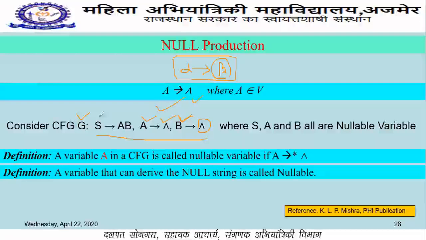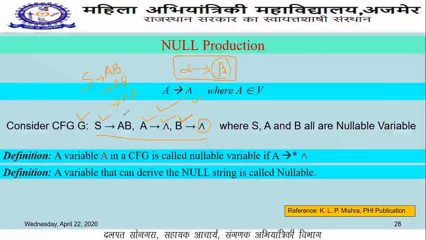S is also known as a nullable variable because S derives A B, and further in the course of derivation A and B are replaced by null. Therefore, this S is also known as a nullable variable.